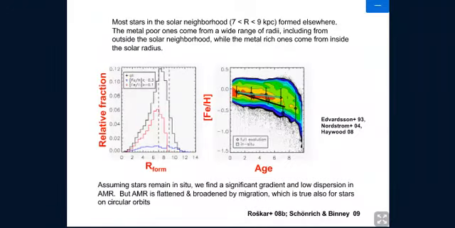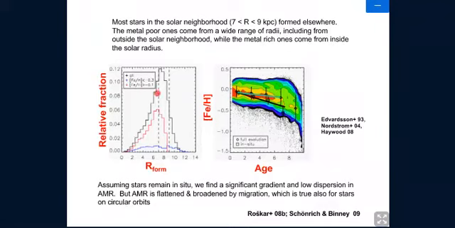Okay, so what are the effects of this kind of migration? Well, I've already told you that we think that's an important part of how you populate the outer disk. But there's other processes that this impacts. One of them is if we look in the solar neighborhood and we ask, where are the stars in the solar neighborhood coming from?